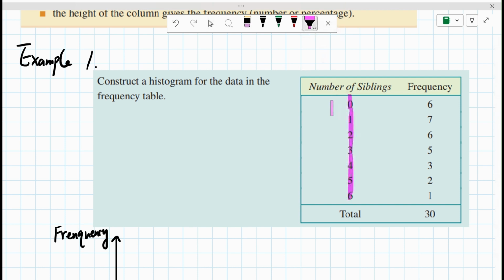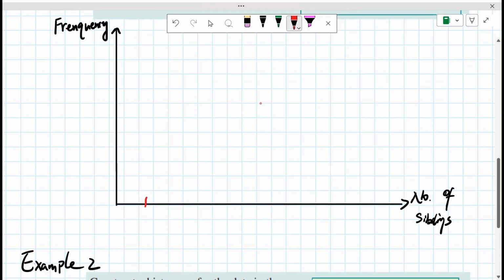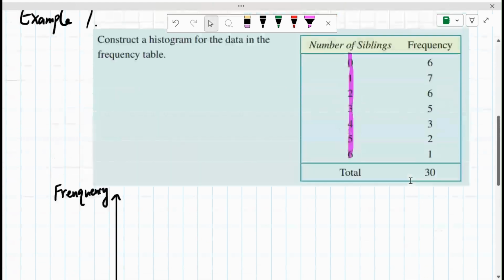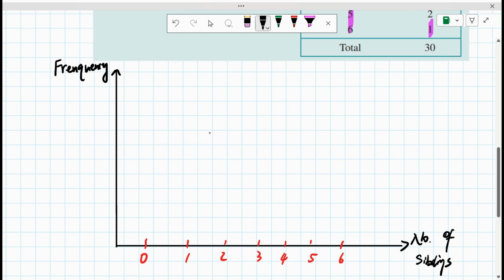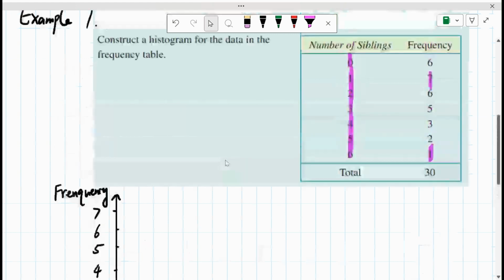So we have 0, 1, 2, 3, 4, 5, 6. And for frequency, the highest one is 7, so we mark 0 up to 7. So 0 represents a frequency of 6.